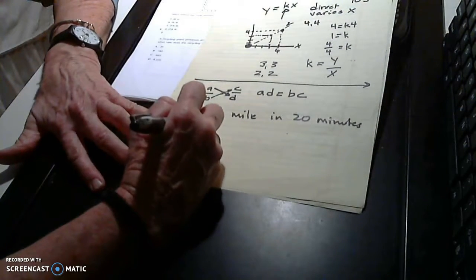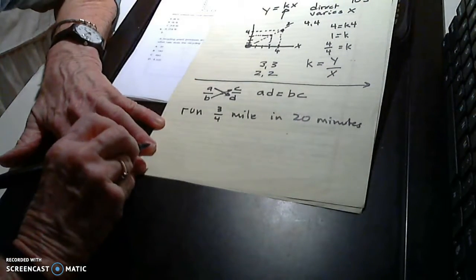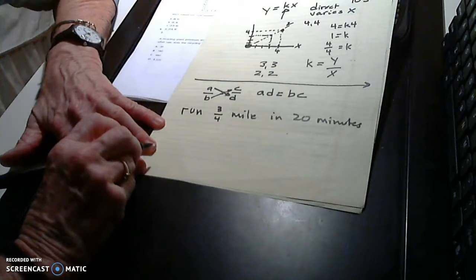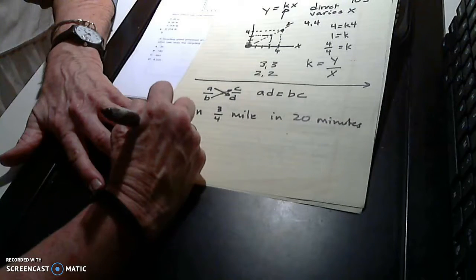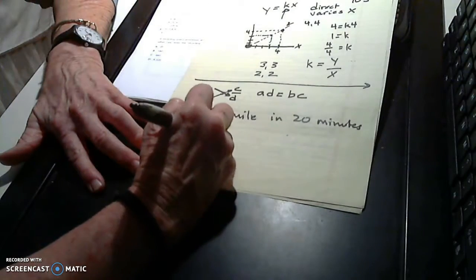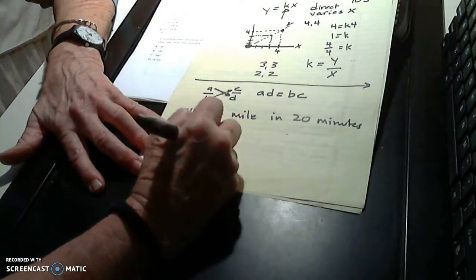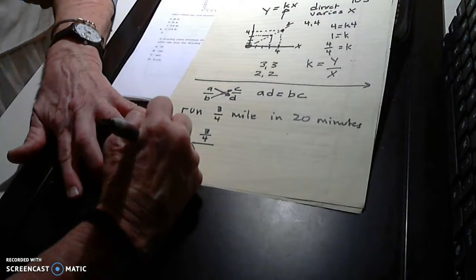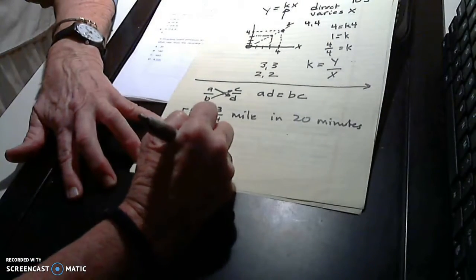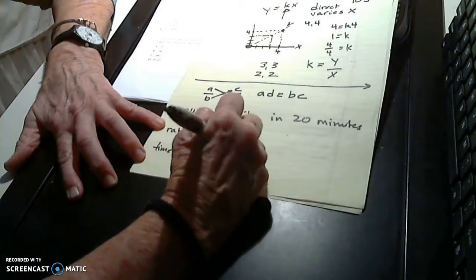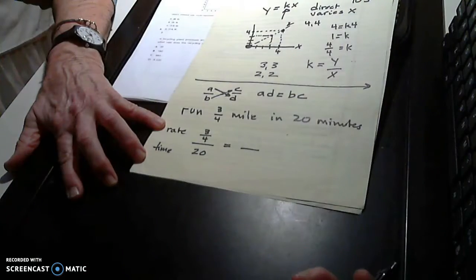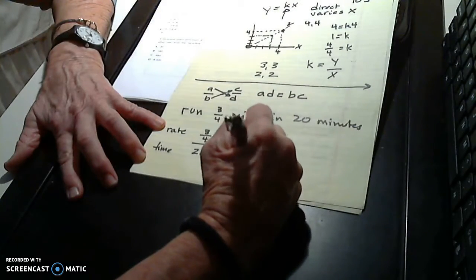So I set up my proportion, and it actually doesn't matter which way you set them up, just as long as you're consistent. So if my rate is 3/4 of a mile and my time is 20, I would set up my first ratio like that, my rate to my time, and I'm going to set that equal to how far can I run in 60 minutes.